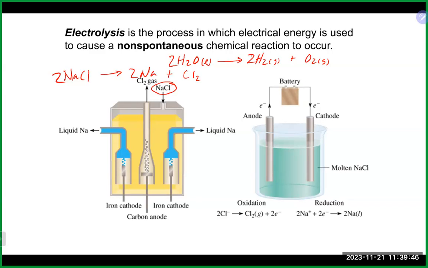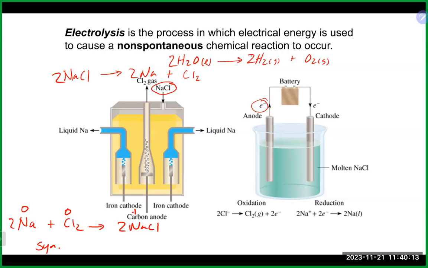So for example, here, if we hook up our battery, we're going from our anode to our cathode. When we make sodium chloride by putting the elements together, in this synthesis reaction, we have 0 oxidation state for our sodium and 0 for our chlorine.